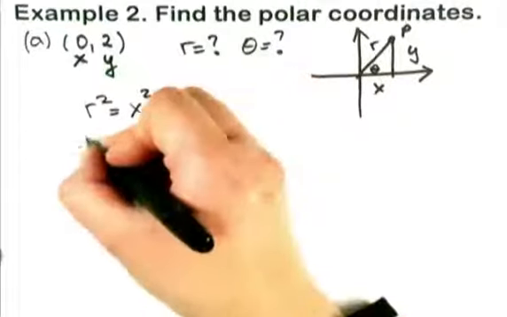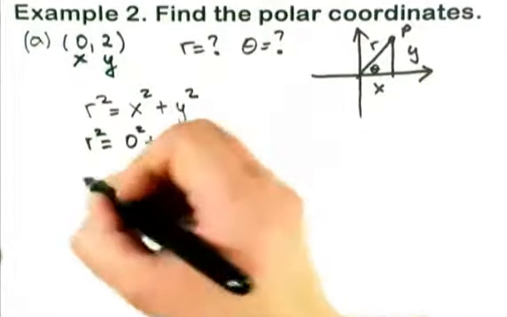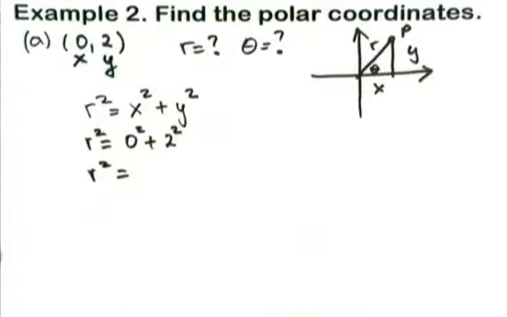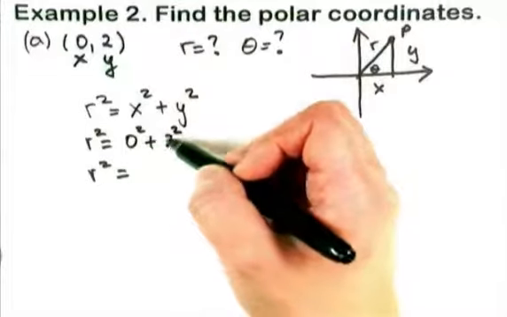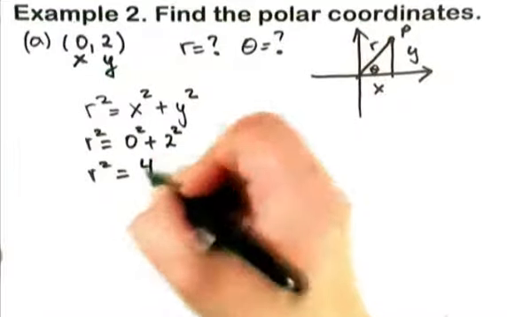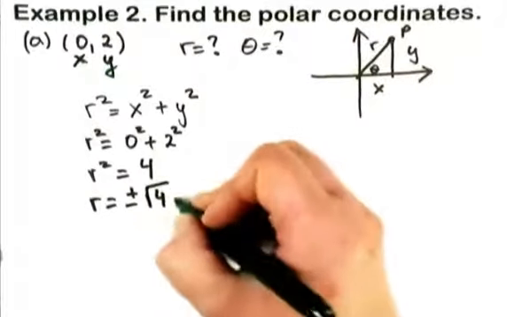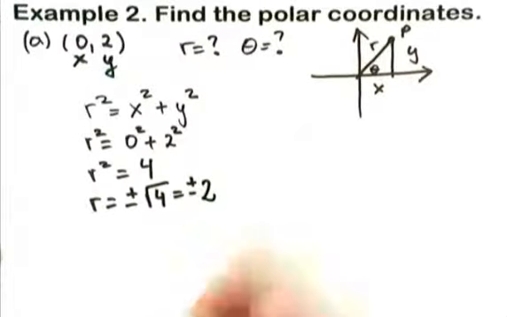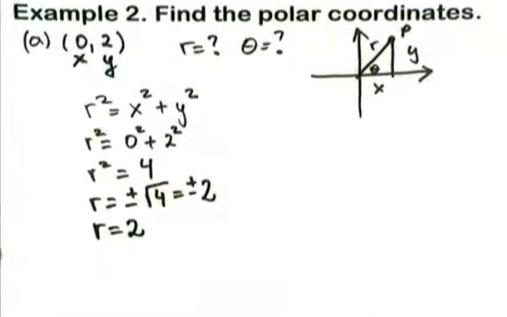My x is 0, my y is 2, so r squared is equal to 4, so r is equal to plus or minus the square root of 4, which is plus or minus 2. But 0 and 2 is on the positive side, so my r is positive 2.